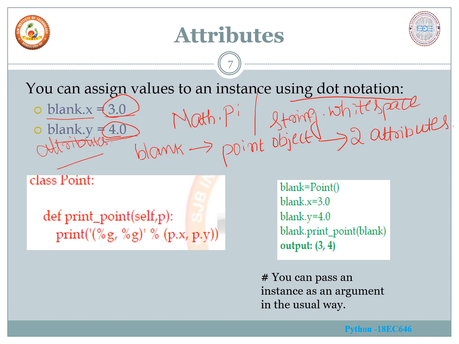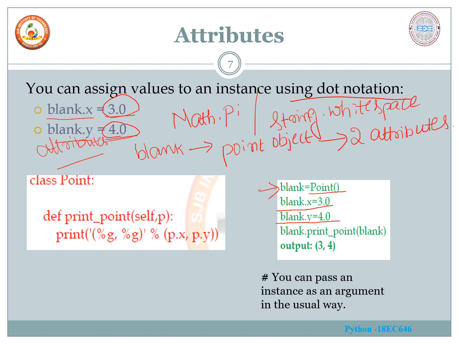And you can read the value of an attribute using the same syntax. Say that I give blank is equal to point object, and blank dot x is defined as 3.0, blank dot y is defined to be 4.0.